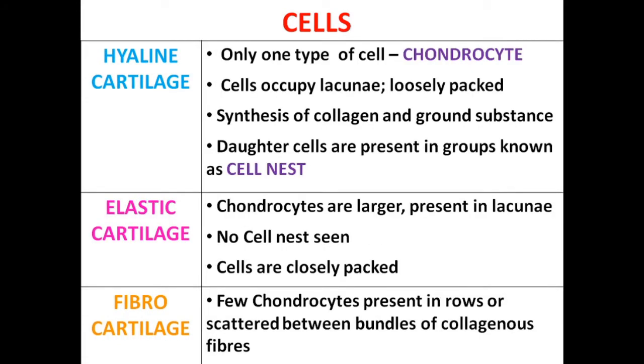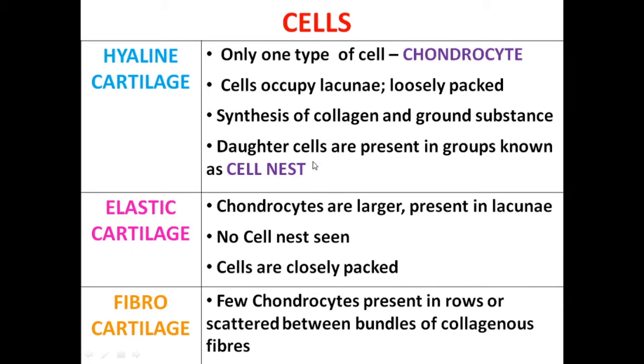The cells in all the three cartilages, the only type of cells which are present, are the chondrocytes. In the hyaline cartilage, the chondrocytes are surrounded by a space. That space is called the lacunae. Now each chondrocyte divides, and the daughter cells arising from that division remain confined to that lacuna or space, and that's why they form a group of cells which is called the cell nest.